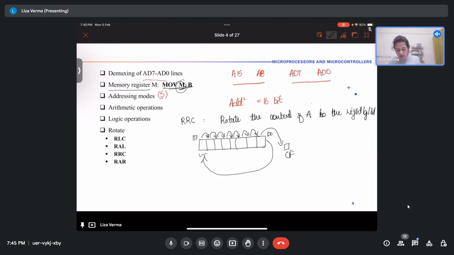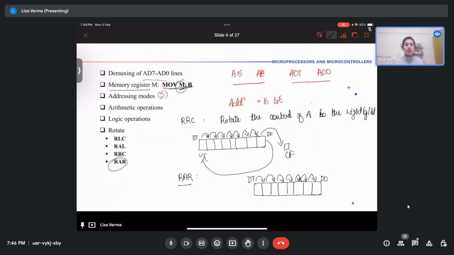Now to differentiate it from RRC, let's do RAR once, and then RLC and RAL are similar, right? So if we again have this 8-bit data, this is D7, this is D0, and it is again telling it to move to the right by 1 bit. So D7 goes here. Similarly, where will D0 go now?